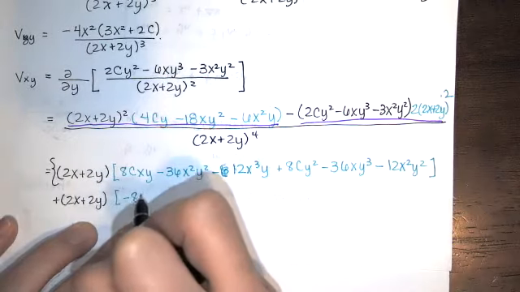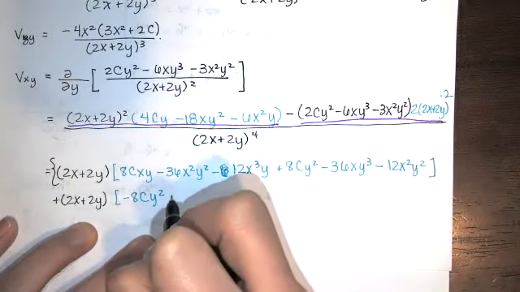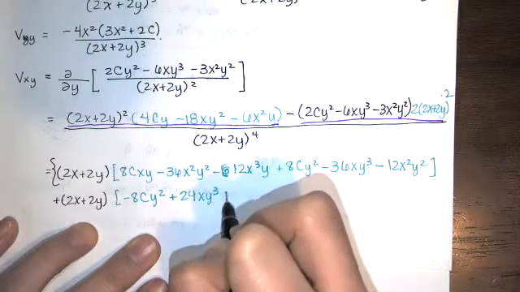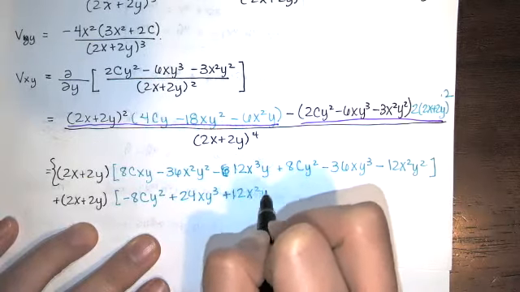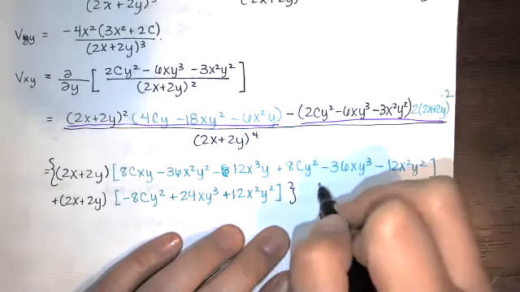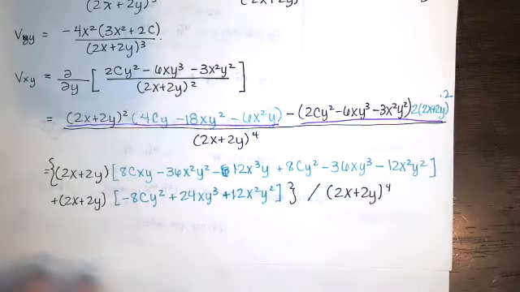So we'll have negative 8cy squared plus 24xy cubed plus 12x squared y squared. And all of this is divided by 2x plus 2y to the 4th.